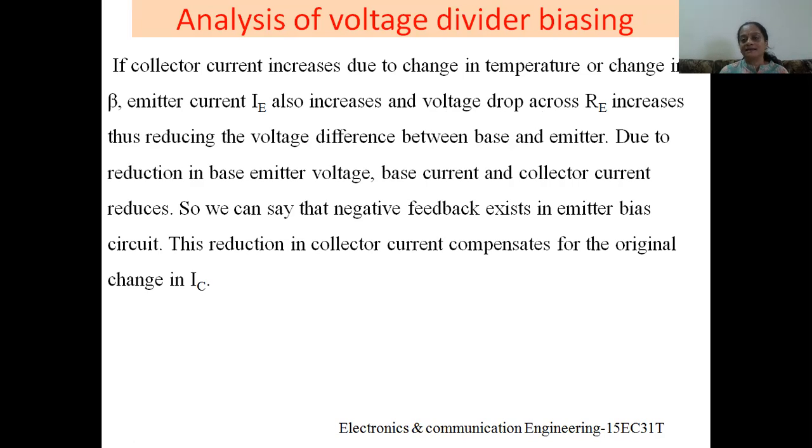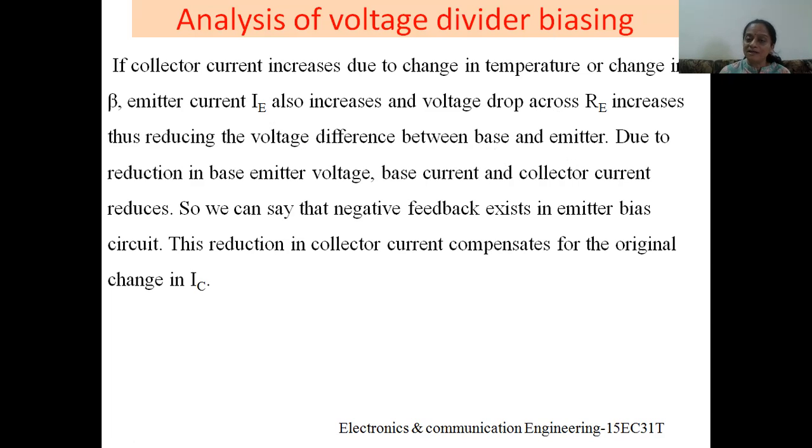In the base circuit, we have noted that VB minus VBE equals the emitter voltage VE. So when the drop across RE increases, this in turn reduces the voltage between base and emitter. See here, if the collector current increases, the emitter current also increases. If emitter current increases, the voltage drop across RE increases. If the voltage drop across the emitter terminal increases, the base-emitter voltage, this is the input circuit, decreases.